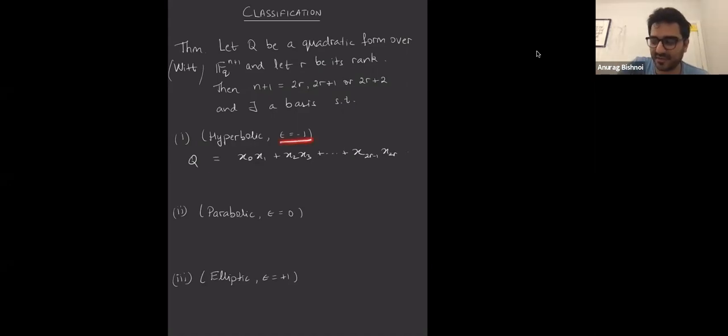There's some parameter here which will play a role later. We'll see what this is, but either it's this form, and this is the case when n+1 is equal to 2r, or it's the parabolic form, which is x0 x1 plus and so on, x_{2r-1} x_{2r}, but now the dimension is in fact 2r+1, so there's this other variable remaining, and it's actually, if I'm not wrong, mu times x_{2r+1} squared. And let me check what this mu is. It's hard for me to remember.